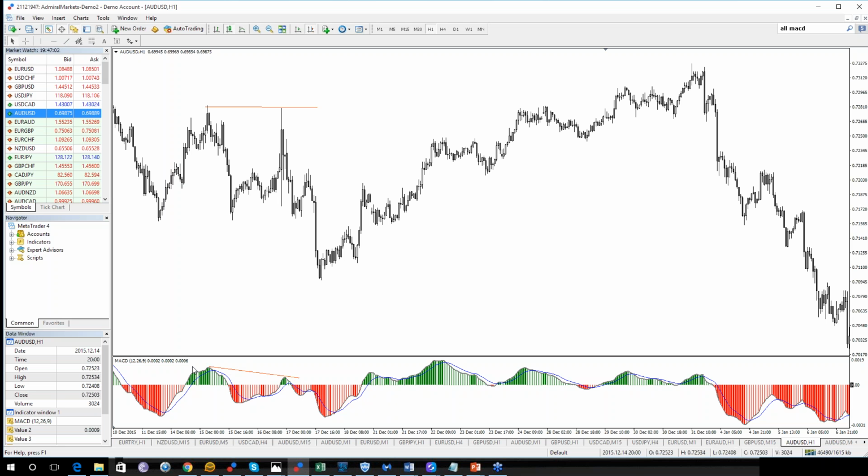Okay. Double bottom, look at this, guys, now. Double bottom here, again, on the price. And a higher low on the oscillator. Reverse bullish divergence.